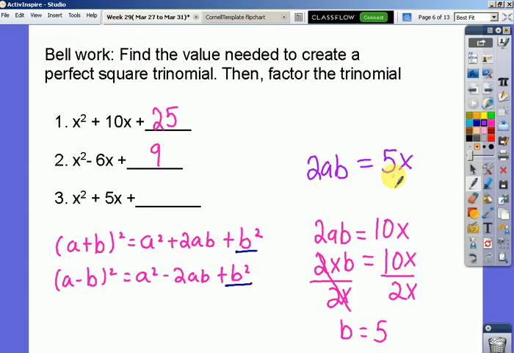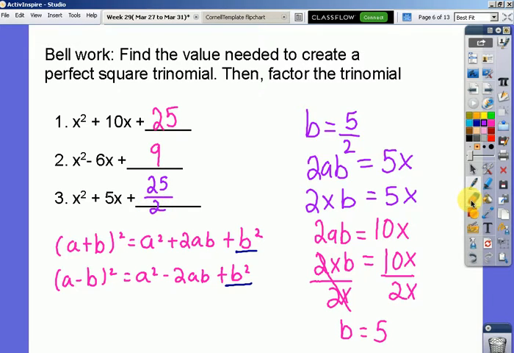I know that my a value is x, and I have my b, which is equal to 5x. I end up with a b value of 5 what? 5/2. Right. So when I square that, what do I get? Not just 25, but 25 over 4. Right. When I square a fraction, I'm squaring both the numerator and the denominator.